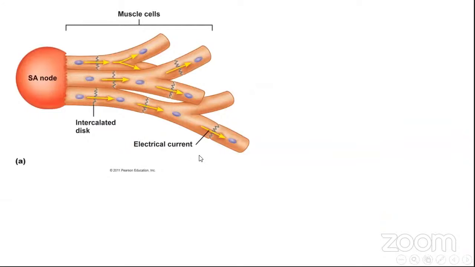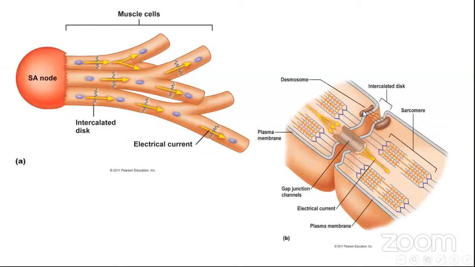If we zoom in on the intercalated disc, it consists of 2 types of junctions: desmosomes that help with stretching, and gap junctions that help pass the action potential from one cardiac cell to the next.